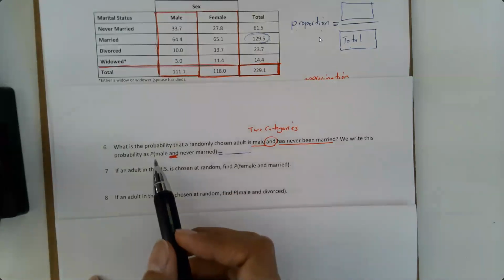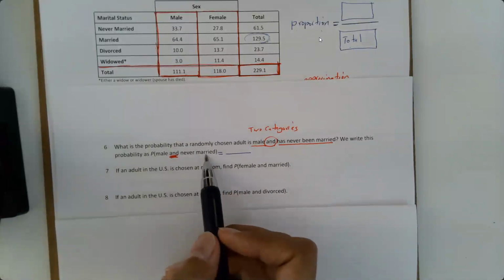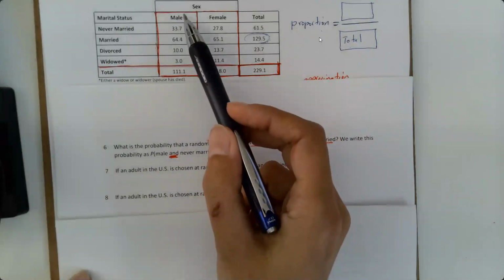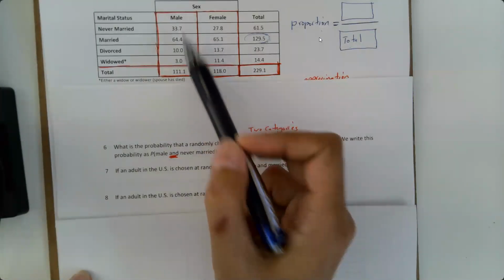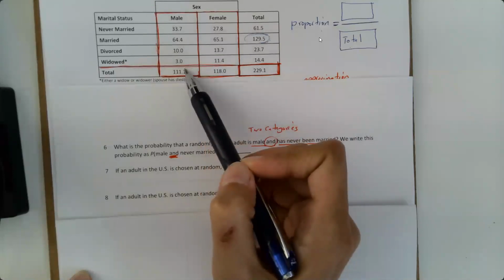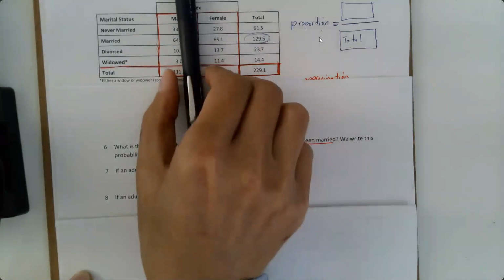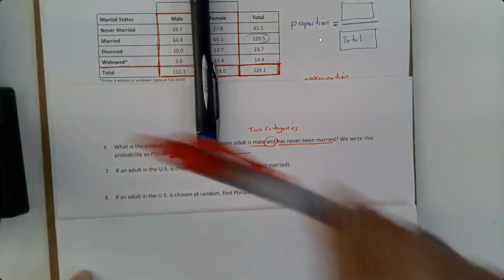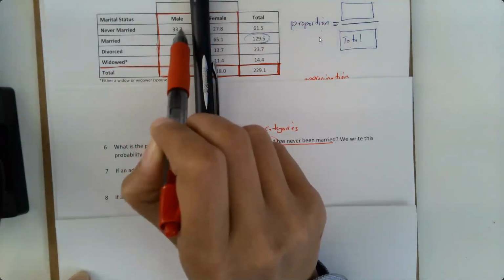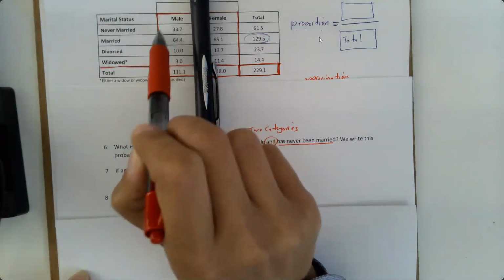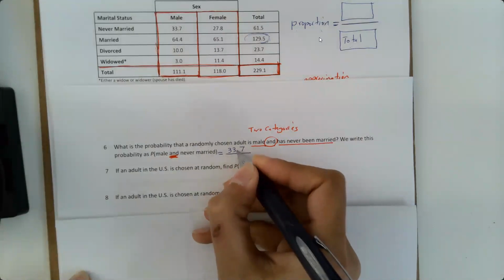I'm looking for males who are never married. Male and never married is going to be this category here, 33.7. 33.7 goes on the numerator.